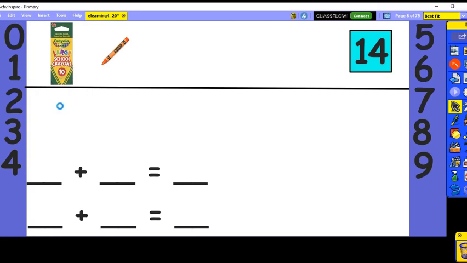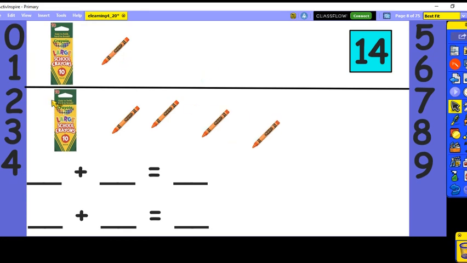So let's see, here's 10, 11, 12, 13, 14. So we have one box of crayons and then 4 individual crayons to make 14. So if we're making a number sentence, we have a box of 10. That's one box.